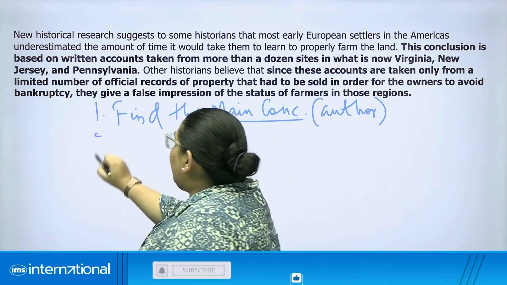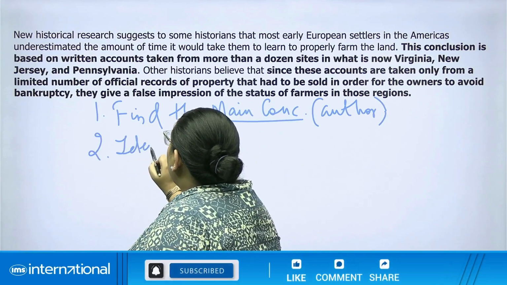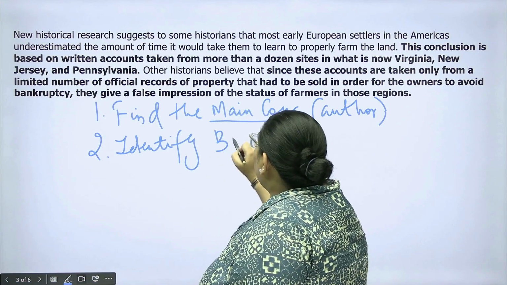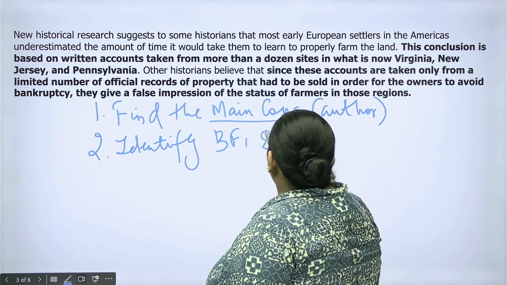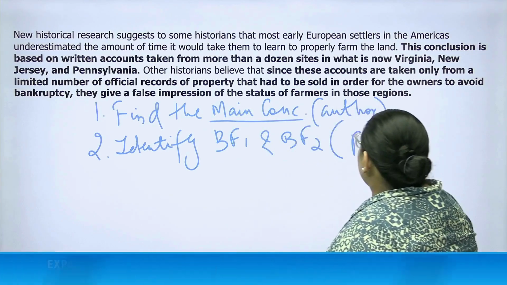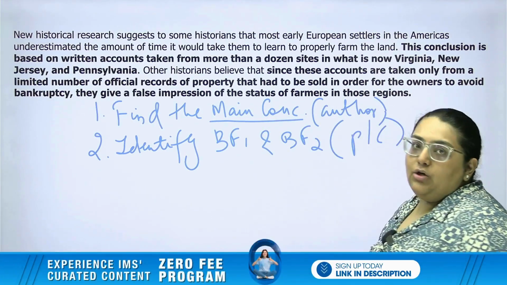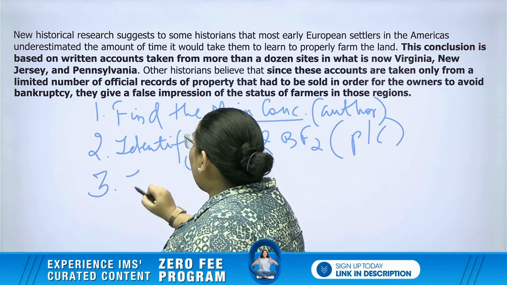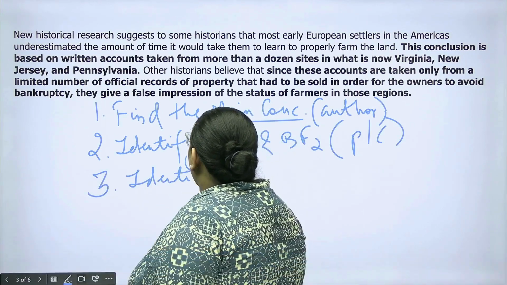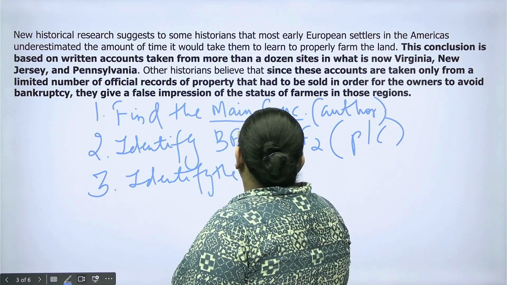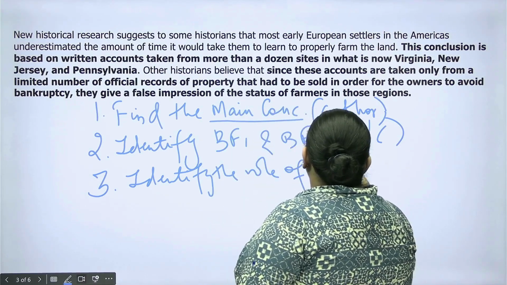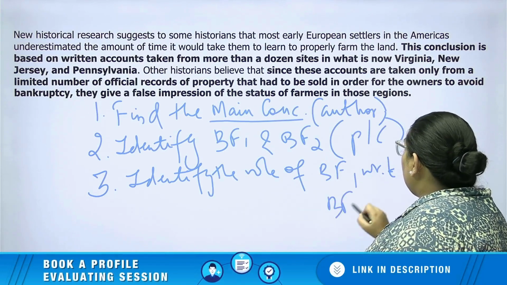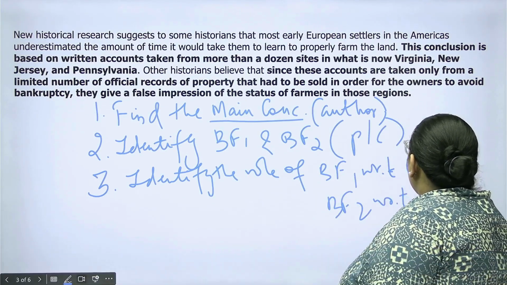Now, the second step is to identify the role of the two portions in bold. Identify BF1 and BF2, whether they are premises or they are conclusions. Then, the third step would be to identify the role of BF1 with respect to the conclusion and BF2 with respect to the conclusion.